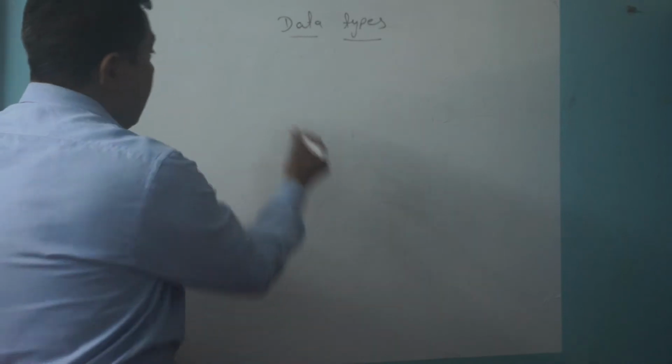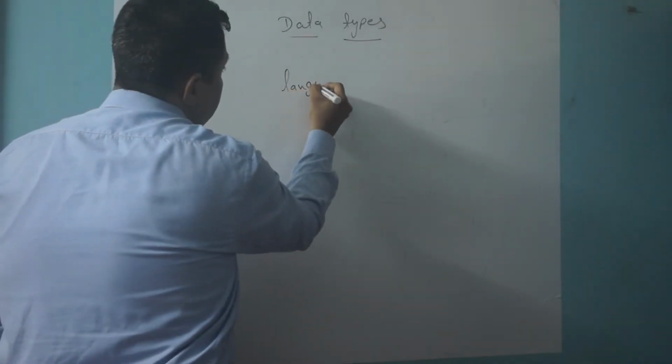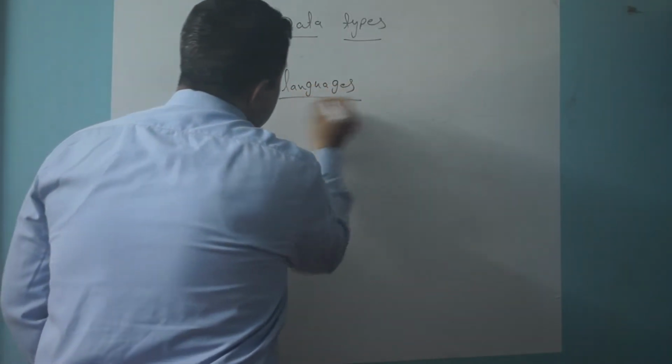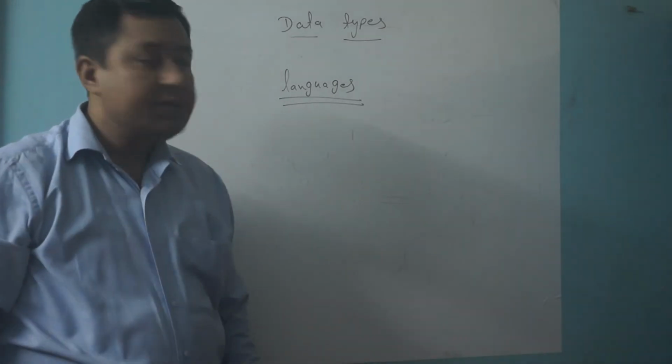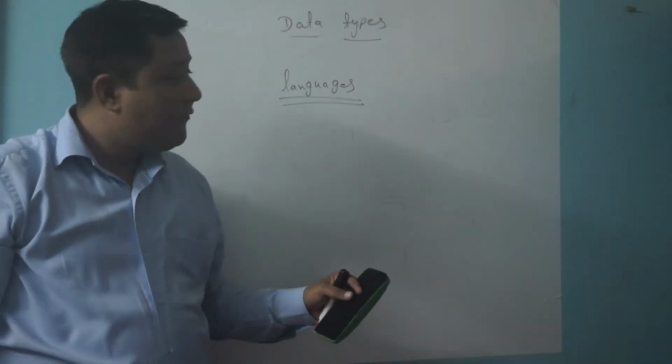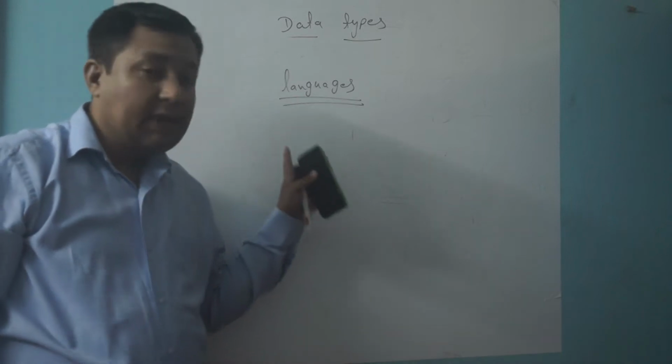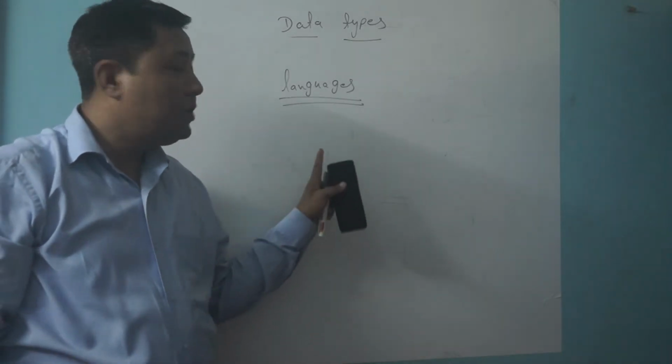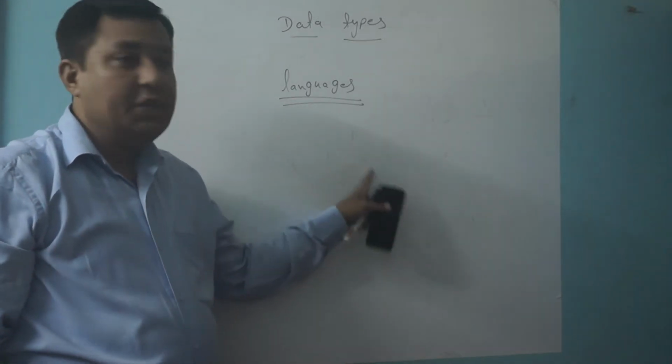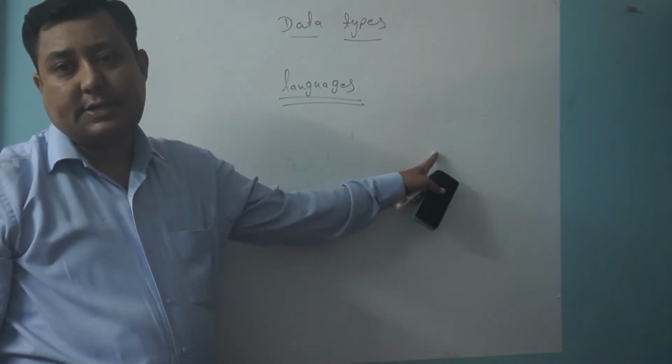So now the computer languages use data types to differentiate the given input from the input devices into categories.